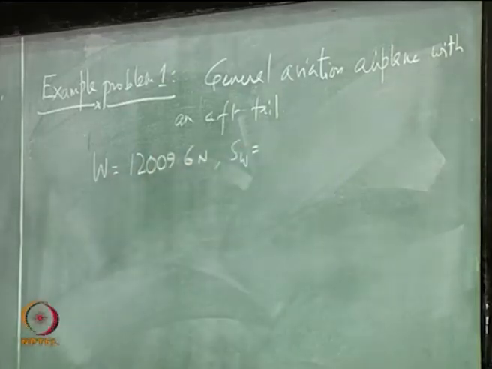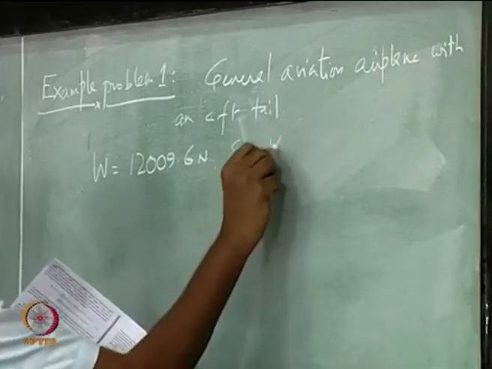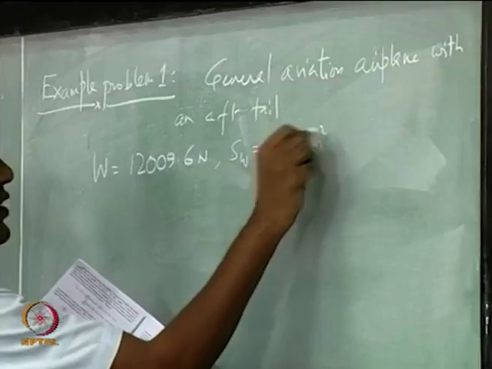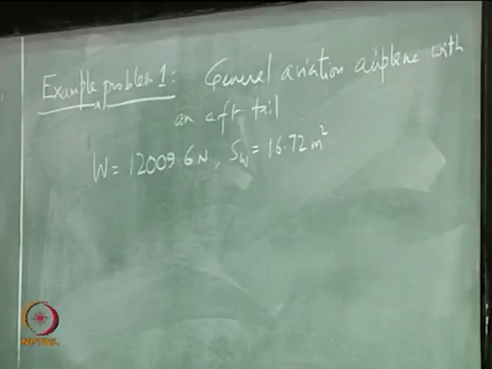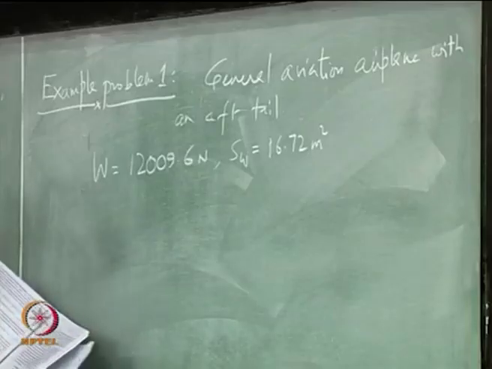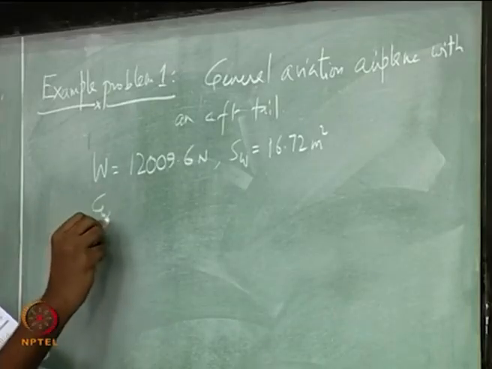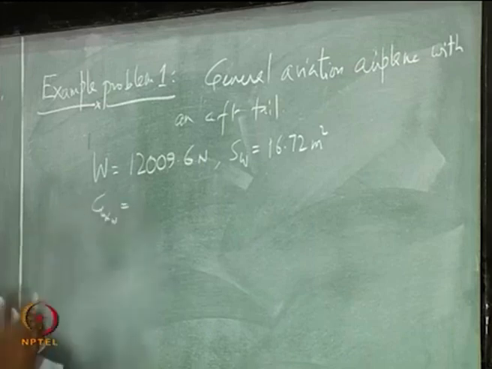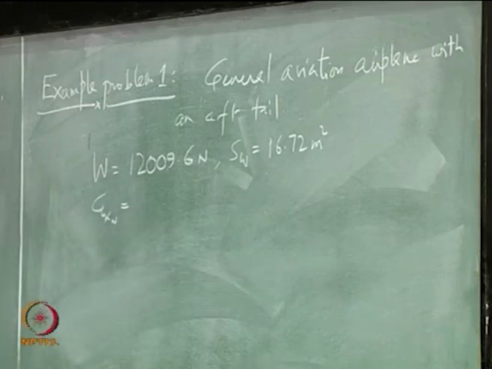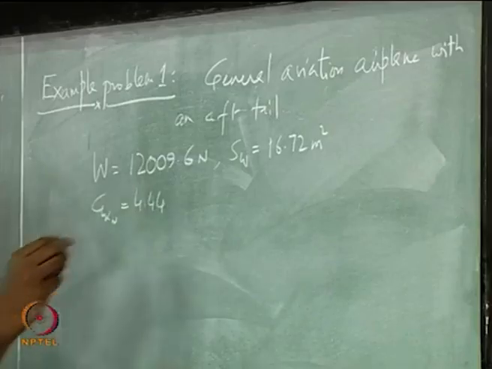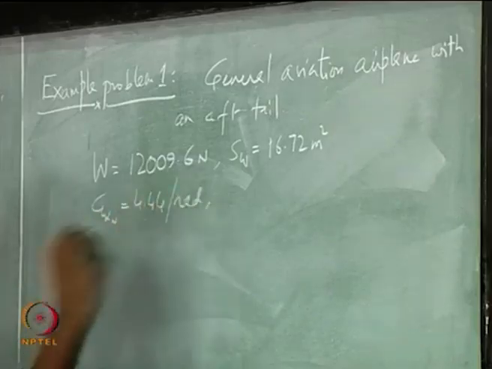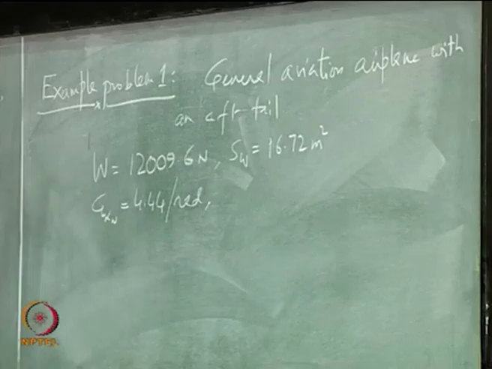S W is wing planform area. Lift curve slope for the wing is 4.44 per radian.